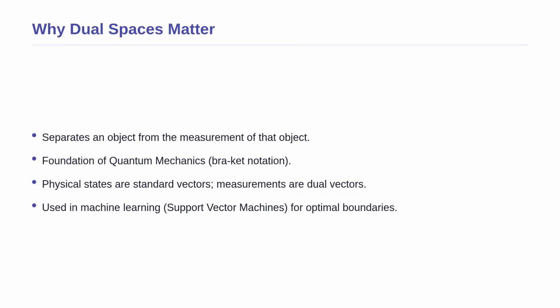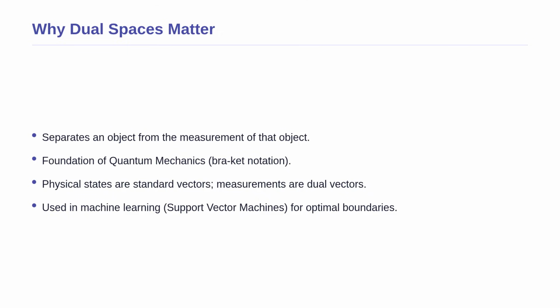You might be wondering why we go through the trouble of defining these new spaces. Understanding dual spaces is absolutely critical because it allows mathematicians and physicists to separate an object from the measurement of that object. In quantum mechanics, physical states are represented by standard vectors, while the act of measuring those states is represented by dual vectors, famously known as bracket notation.